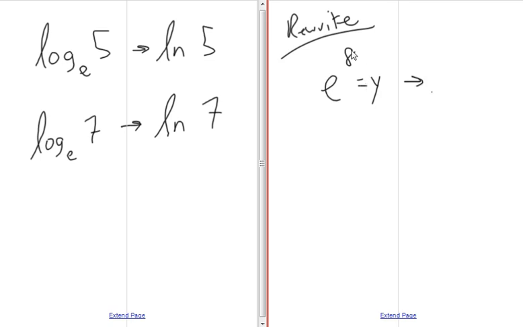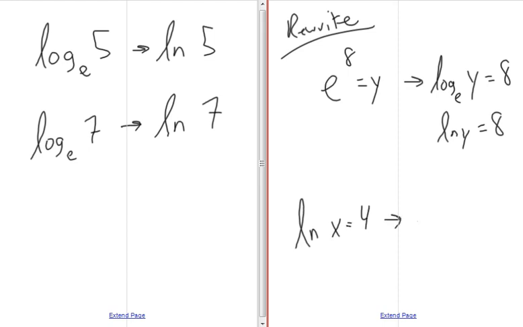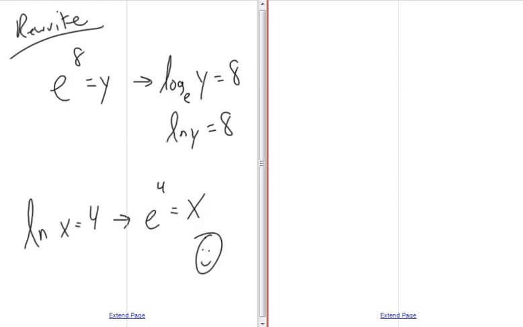So if we have e to the 8 equals y, and we want to rewrite this exponential equation as a logarithm, like we did a few minutes ago, we would write log base e of y equals 8, which then immediately we would erase and write as natural log of y equals 8. If I had ln x equals 4, all math students know that there's a hidden e right there. So e is our base, and then the 4th, that's the exponent, equals x. Nice.